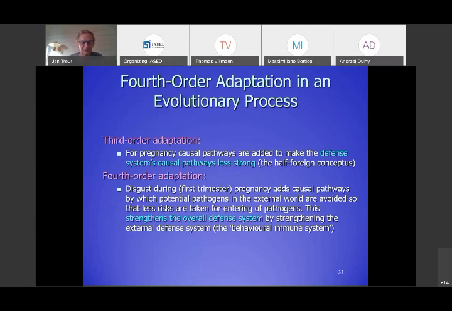So according again to these biologists, the disgust was there because you had to do something about this problem of the lower active immune system because of the pregnancy. So that's another way of adapting your immune system. In this case, it adds another type of defense, namely to avoid; in biology it's called the behavioral immune system.